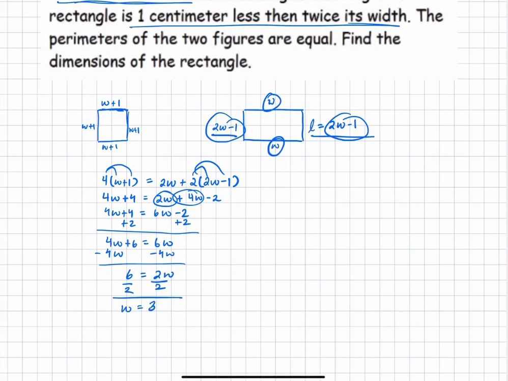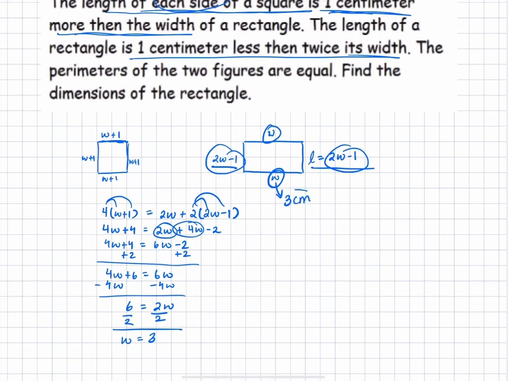So now that we know W equals 3, this side equals 3 centimeters. And the length is 2W minus 1. We substitute the 3: 2 times 3 is 6, minus 1 is 5.